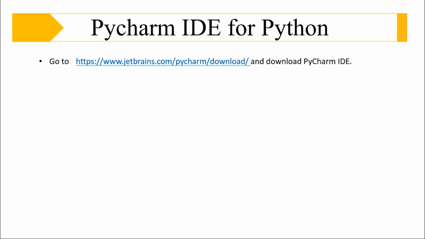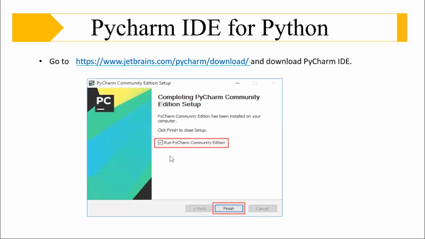You can just go with the community edition and download and install the latest version from here. Once it is done, you can either configure the path, or if you have installed your Python interpreter properly by setting up the environment while installing, then you don't have to explicitly write the environment paths.